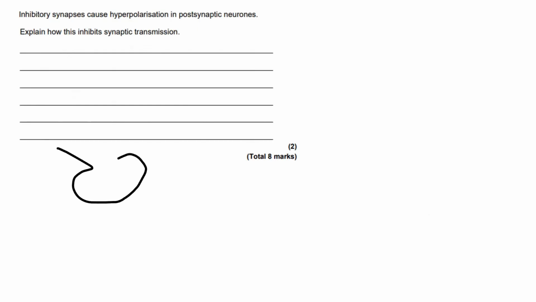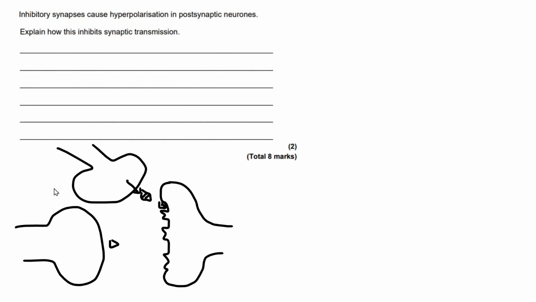So for example, I could have a couple of these presynaptic knobs meeting with my postsynaptic membrane. Now, maybe it's acetylcholine. This one is releasing here. And normally, under normal circumstances, this acetylcholine is going to bind to these receptors. And if enough of it binds, enough sodium gates will open that an influx of sodium ions will depolarize this membrane in the postsynaptic membrane, and we'll get an action potential formed here.